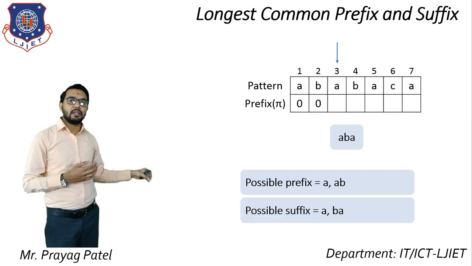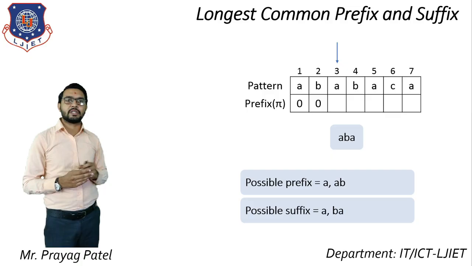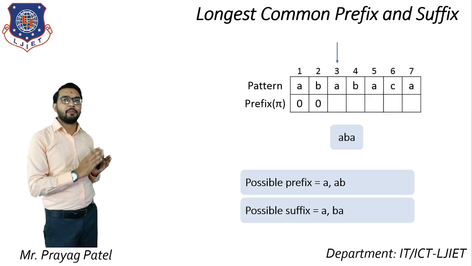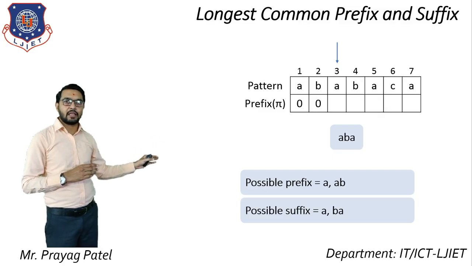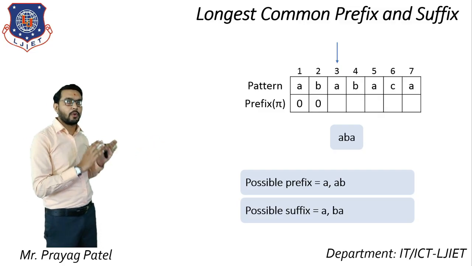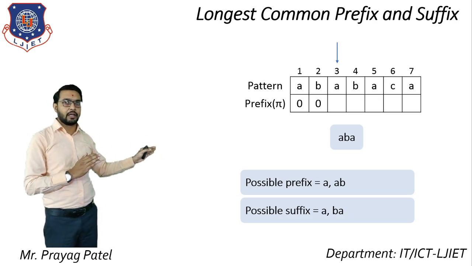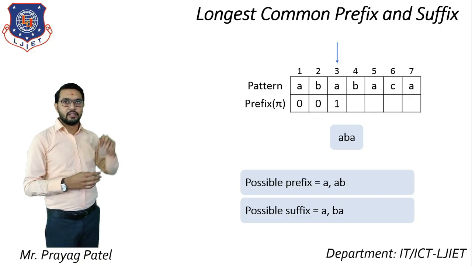Next is AB in the first case and BA in the second. So A is matched in the first prefix and suffix. So consider the length of your common prefix suffix pair. Here two possible pairs are there, but the common prefix and suffix is only one, and the length of this is 1. So consider the value 1 in this table.